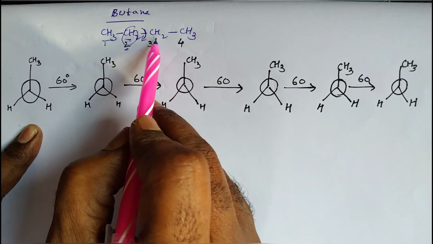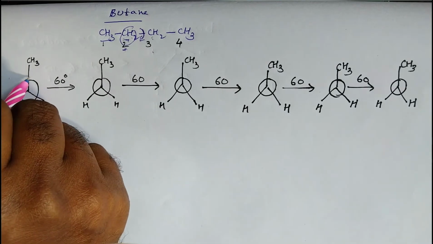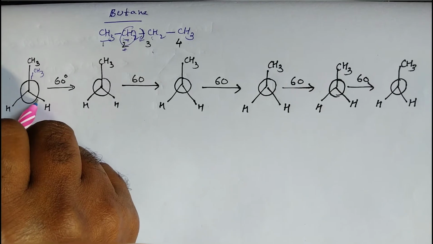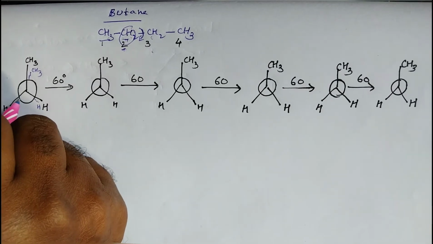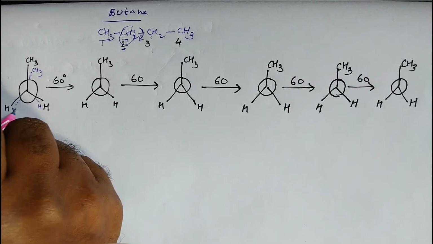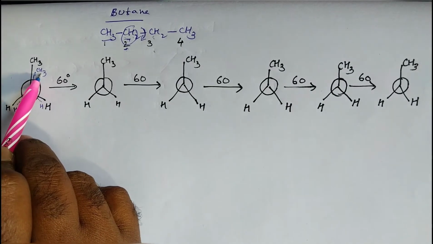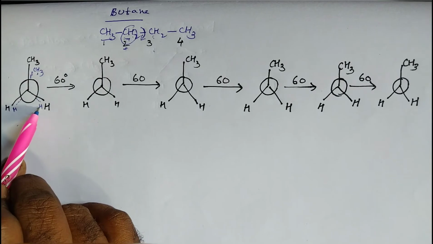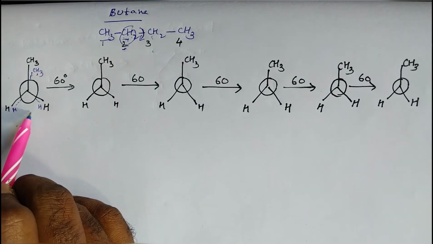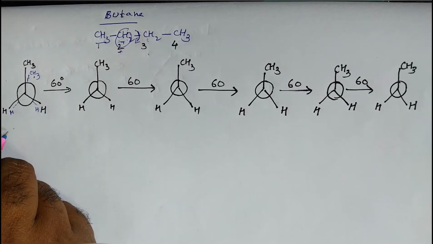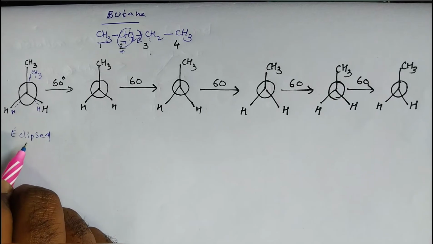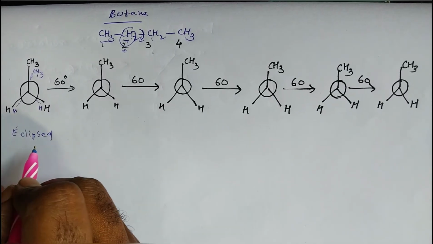So it looks like this: CH3, H. The dotted line is nothing but a hydrogen atom. Now this methyl group is exactly back of this methyl group, this hydrogen is exactly back of this hydrogen, and this hydrogen is exactly back of this hydrogen. This form of conformer is known as the eclipse conformer.